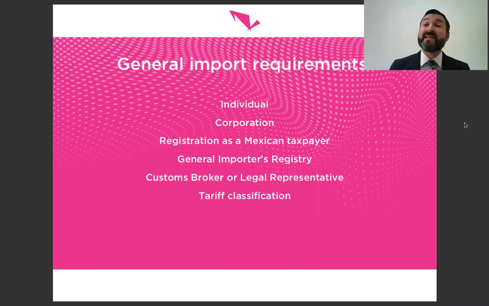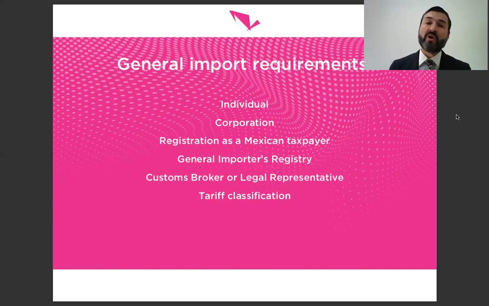Okay, but in Mexico it's mandatory to do so, or at least it was mandatory a few years ago. There was no importation or exportation that could be done without the assistance of a customs broker.